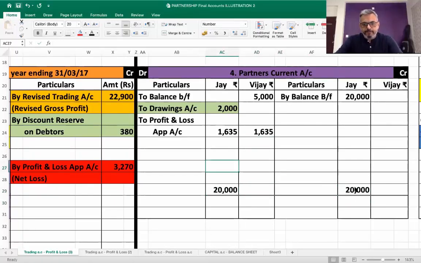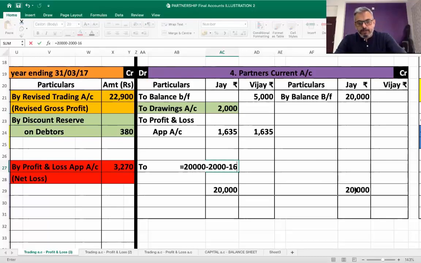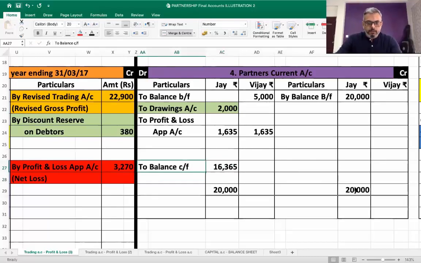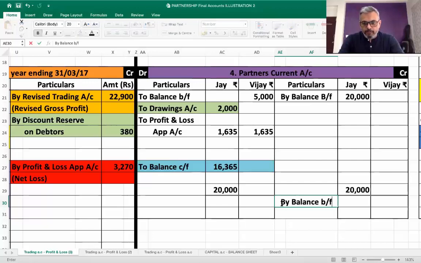We find the difference to balance carried forward: 20,000 minus 2,000 minus 1,635, 16,365. Okay, correct. So let me highlight this. Now same we transfer over here, balance brought forward.